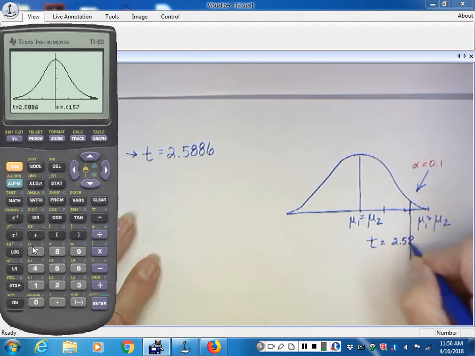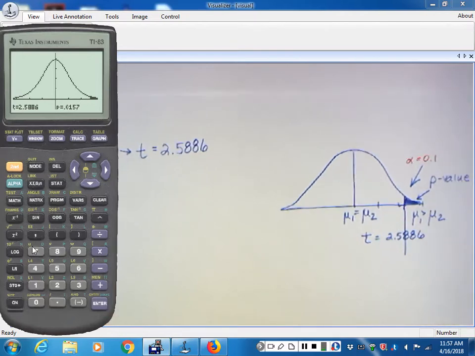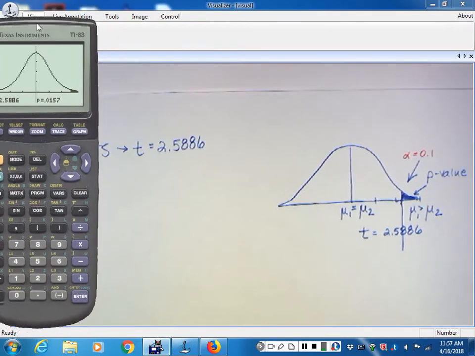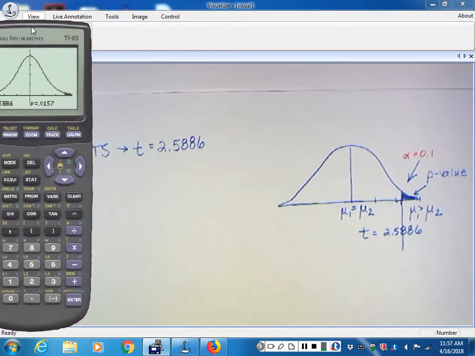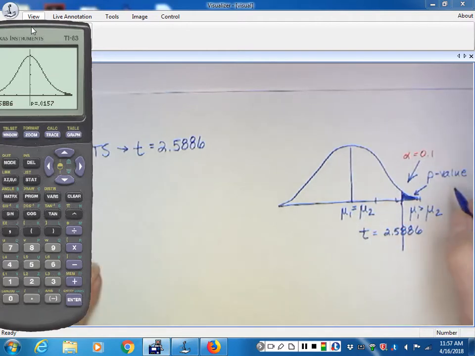So that's that area right there. And that little bitty bit of shading that you're seeing up there is your p-value. And your p-value is 0.0157.